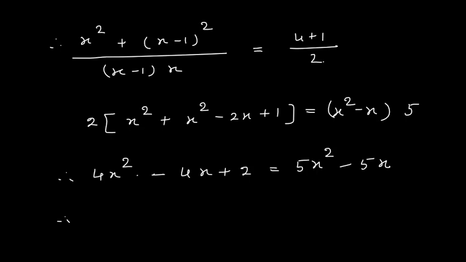So when 4x square moves to the right, 5x square minus 4x square gives you x square, then minus 5x plus 4x gives you minus x, and then this 2 will move and it will be minus 2, and this whole is equal to 0.